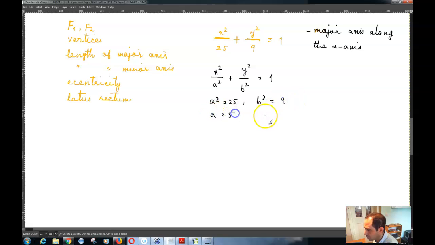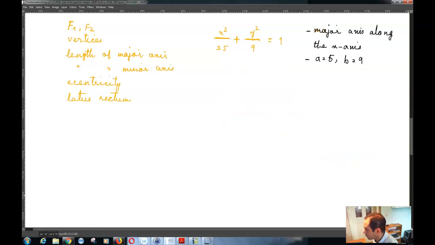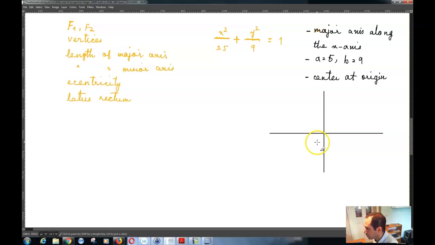That means that a is equal to 5 and b is equal to 3. Sorry, b is equal to 3 here because b squared is equal to 9. And of course I know that the center is at the origin.